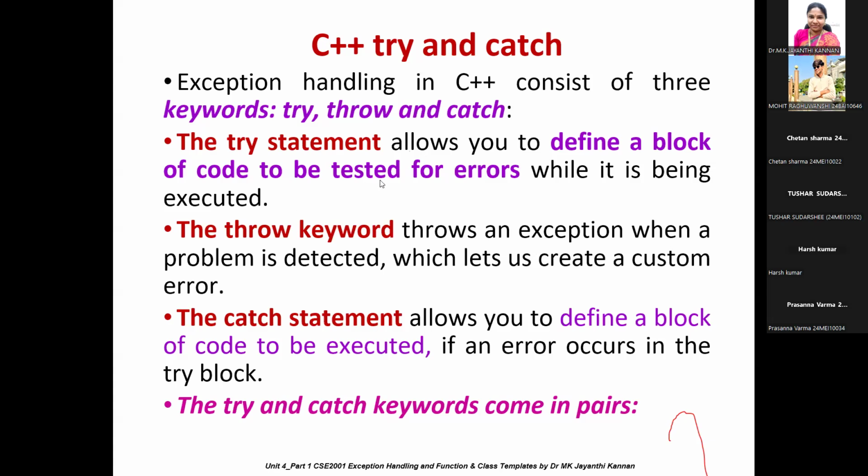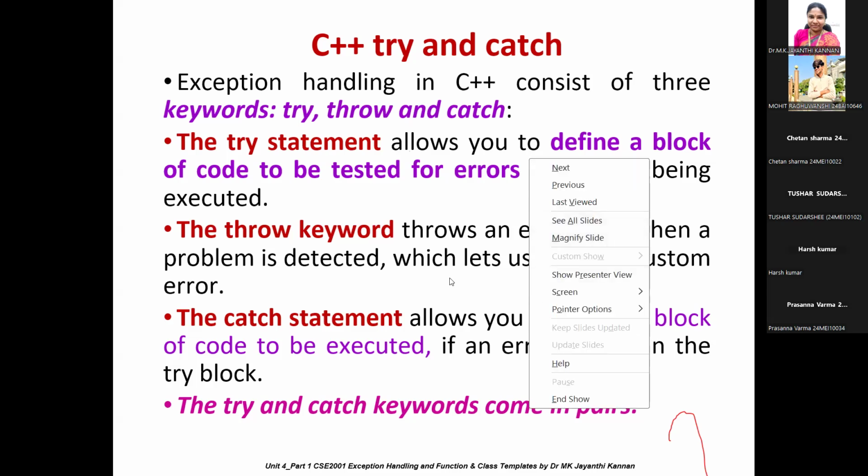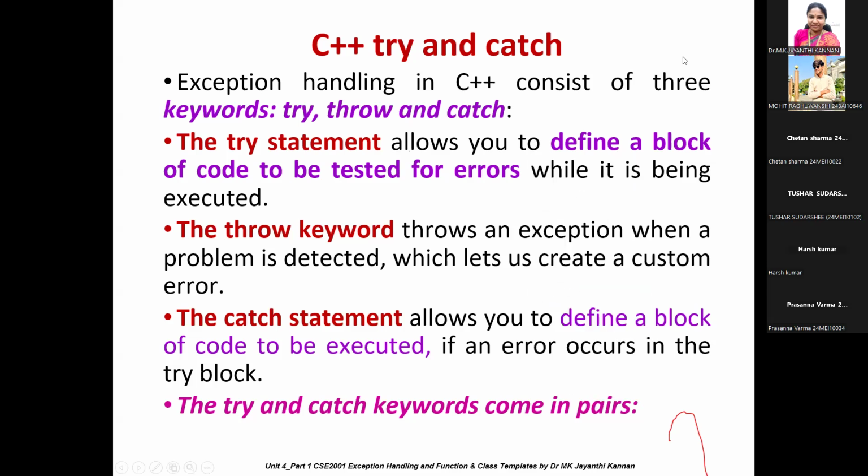It will say the system is under service, or the system is not responding, or we are not able to dispatch the money, so meet the nearby bank or contact the administrator. Like that, the system displays some answer. That is a default message we will generally get. So those kinds of situations will come under exception.